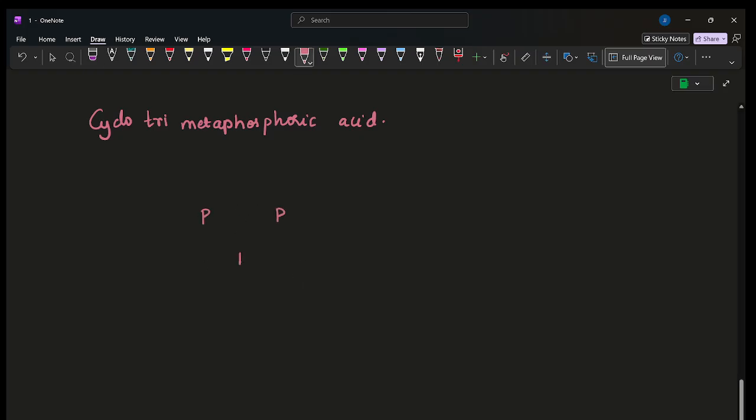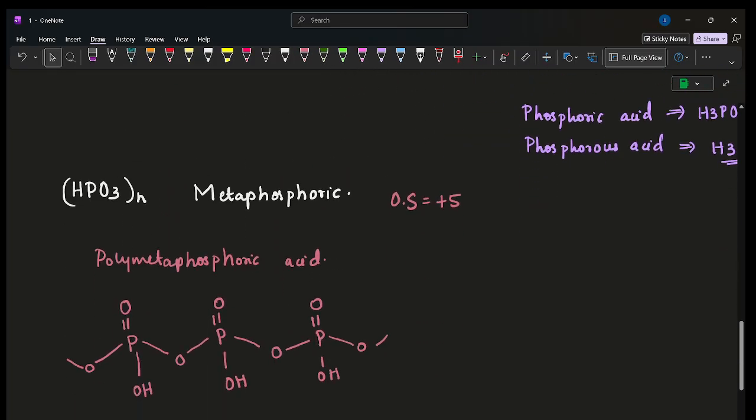P's are here, the O's are here. Okay, bond. Do something like a benzene. And you know every P should have a double bond O and an OH. Simple, easy, fun, right? That's the most important, fun.